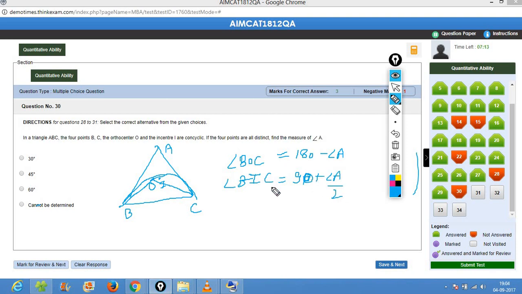Since these are cyclic, I can say that these both angles are equal. So 180 minus angle A is equal to 90 plus angle A by 2. That is 3A by 2 is 90, so A is equal to 60.